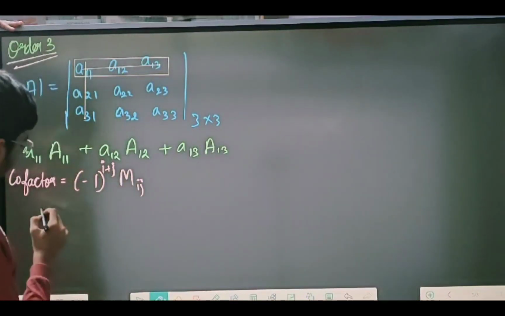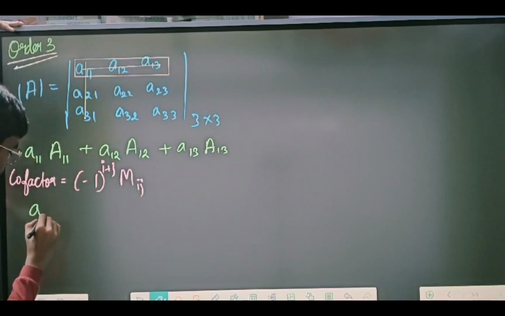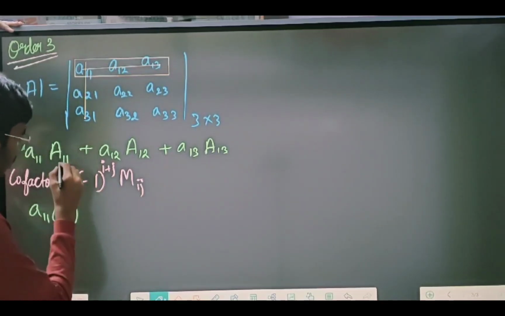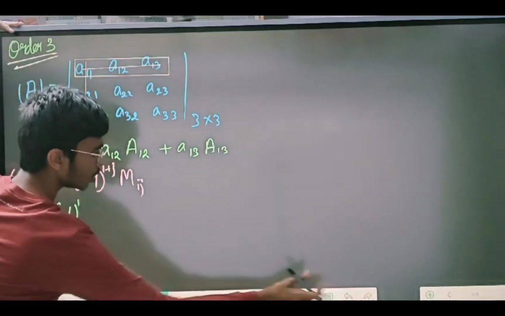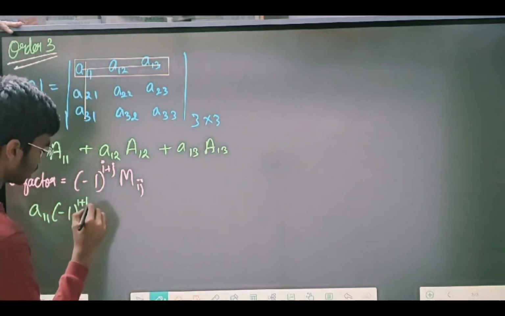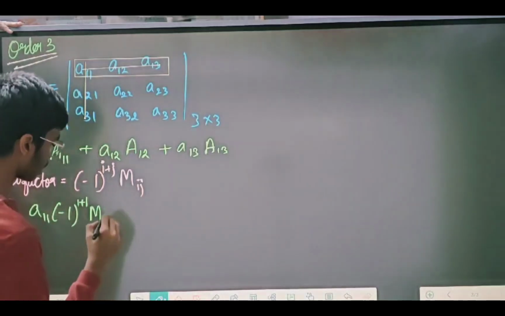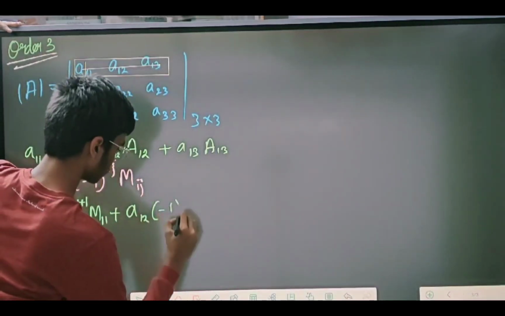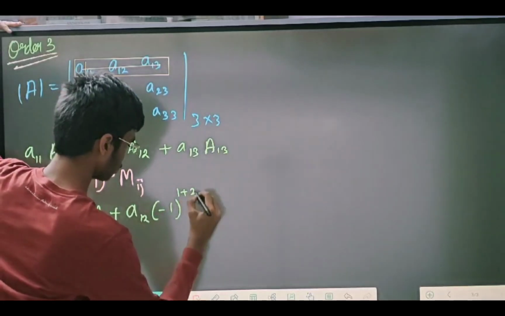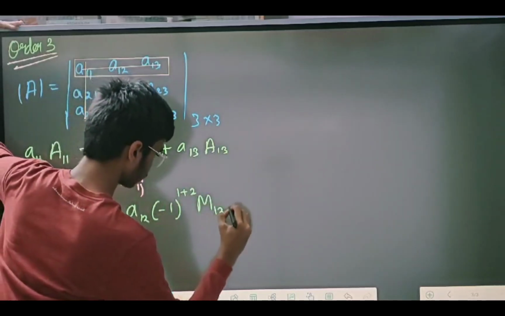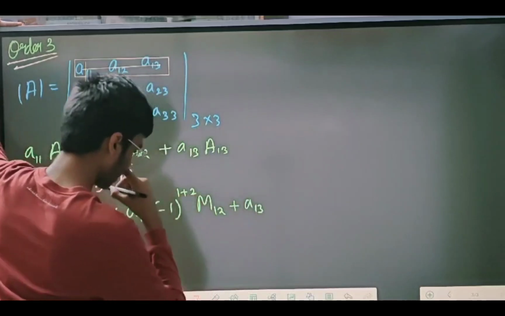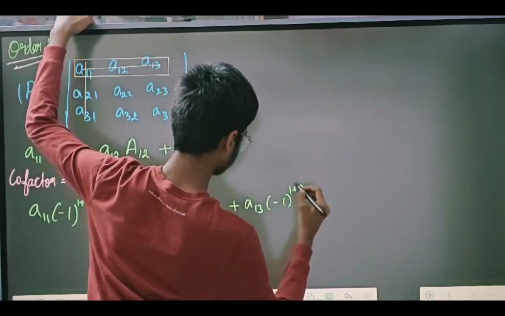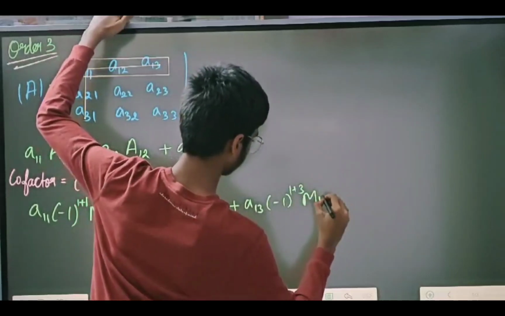So it's going to be a11 into minus 1 to the power of 1 plus 1 into minor of 11, plus a12 into minus 1 to the power of 1 plus 2 into minor of 12, plus a13 into minus 1 to the power of 1 plus 3 into minor of 13.